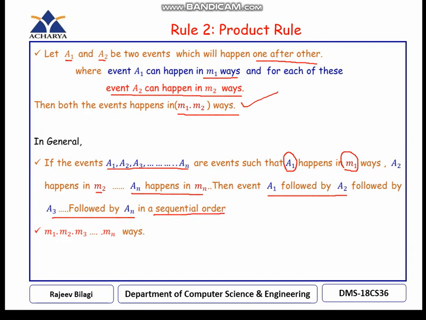In this case, the total number of possible ways will be M1 dot M2 dot M3 up to Mn ways.